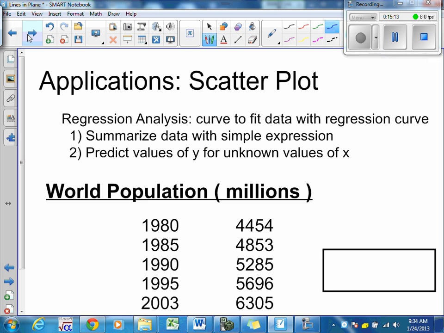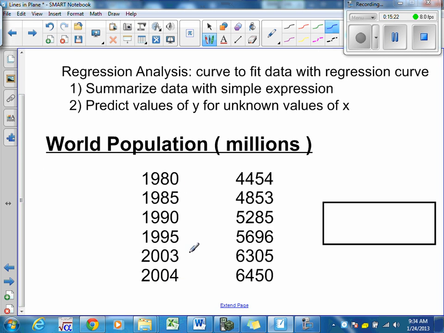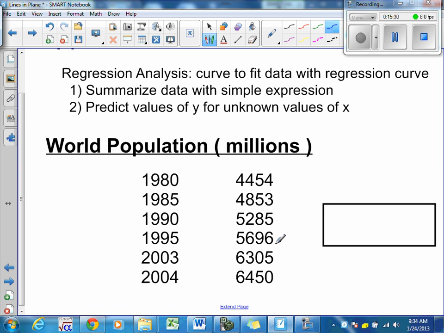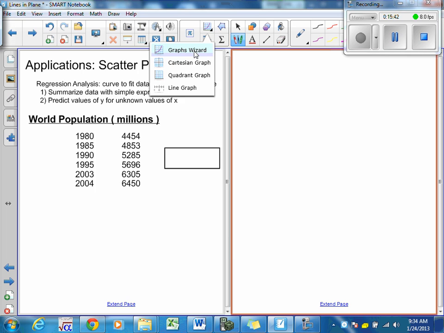Now, one application here is what's known as a scatter plot, and we're finding a regression line for our data. So here are some world population numbers. And what I want to do is graph this data. So I'm going to create a graph.